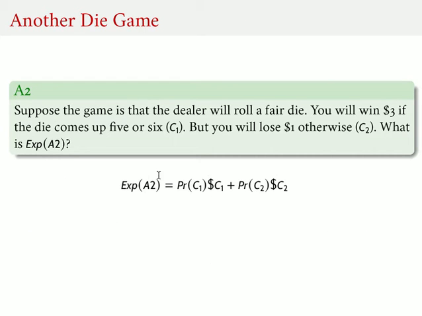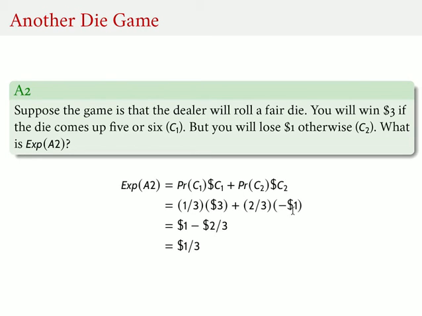So we apply it. This is just a formula. C1 is that the die comes up 5 or 6. So in that case, you get $3 here and 1/3 probability. And then C2 is it lands 1 to 4. In that case, you have minus $1 here and 2/3.